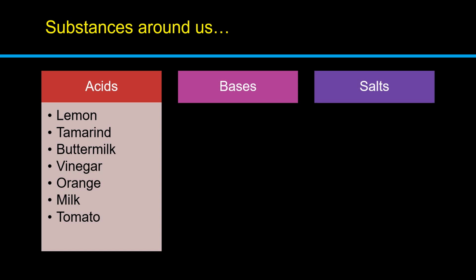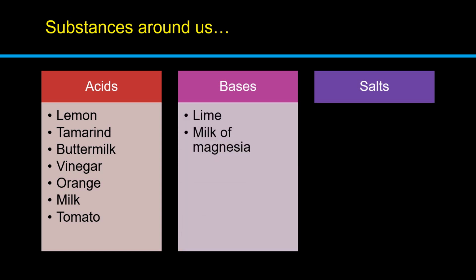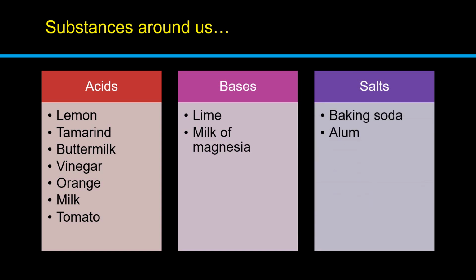You can guess the sour taste in them. If we look at bases, it's lime, milk of magnesia. Then about salts, baking soda and alum. Water will not come under these. Water is a neutral substance.